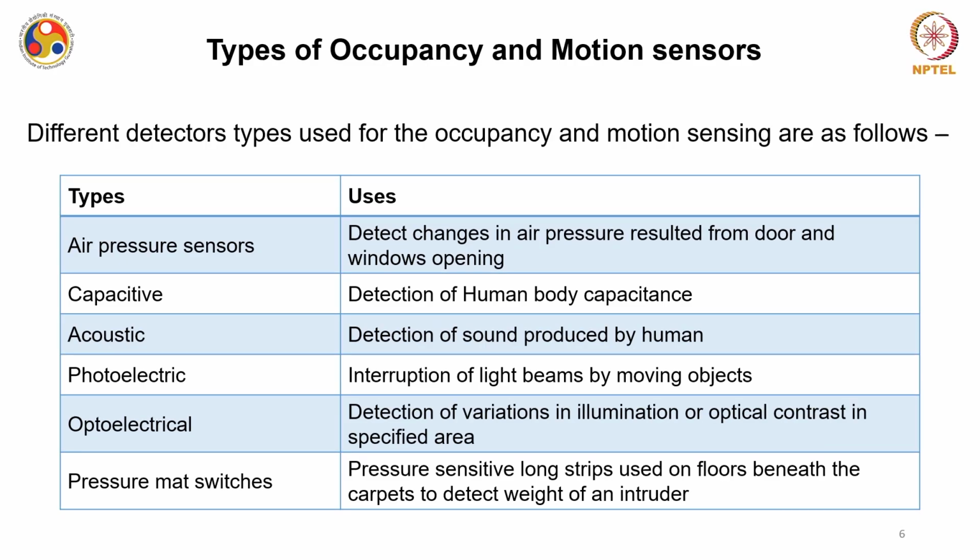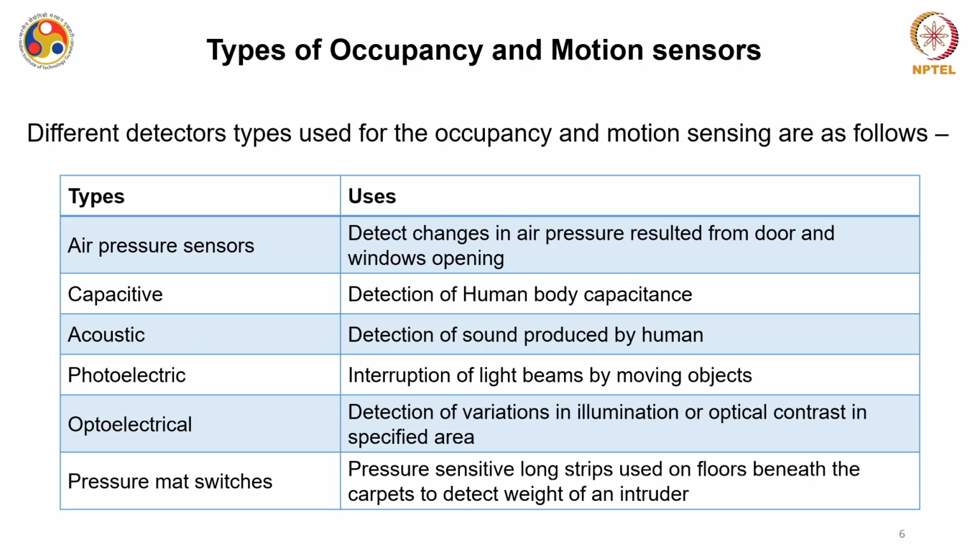Then say you have photoelectric devices. If there is an interruption of light beams by a moving object, say I have multiple monochromatic lights, or even a broadband spectrum, placed in the room, and some object is moving in the room, there will be a change in the pattern of this light.